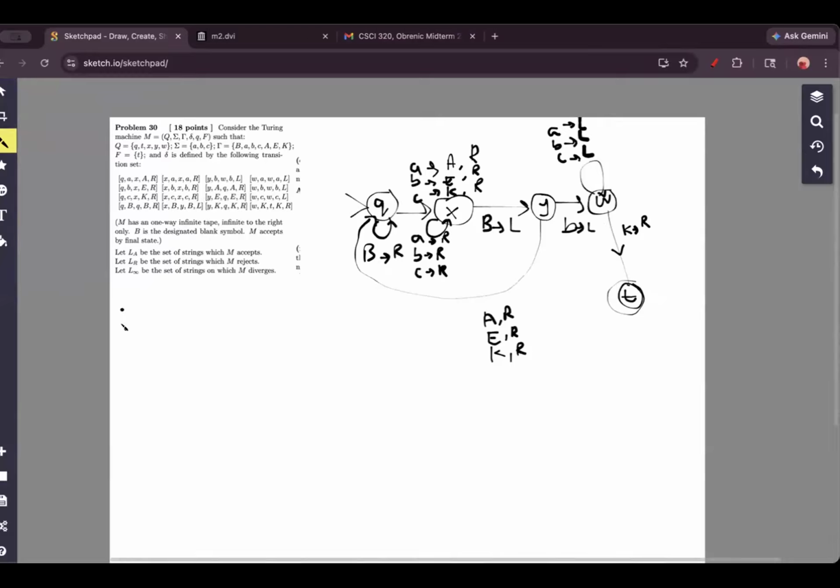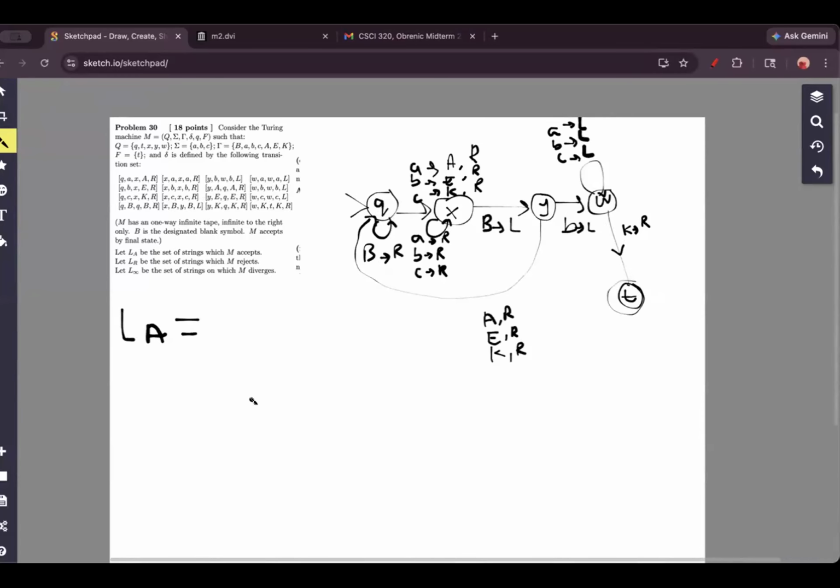So let's do LA. We want to get from Q, X, Y, W to T, right?